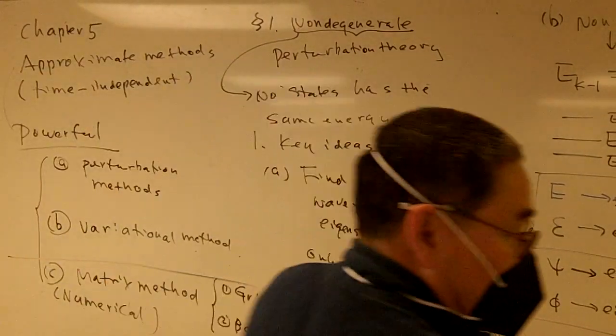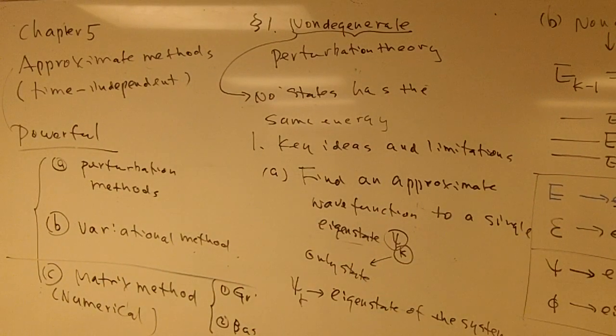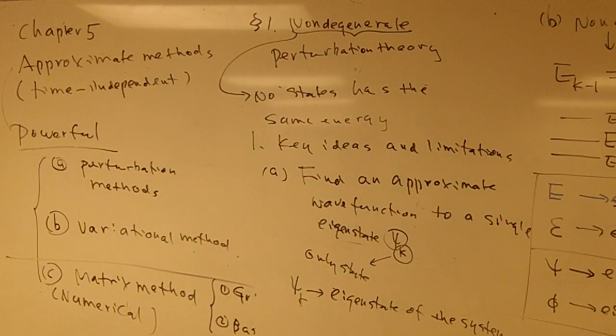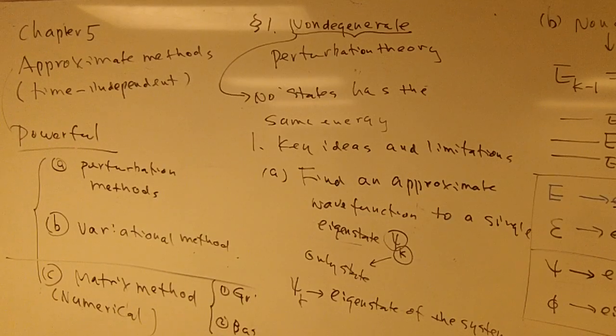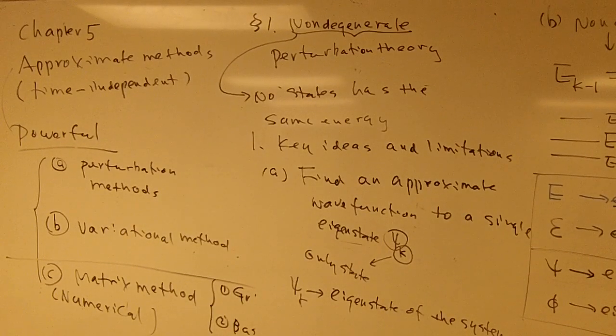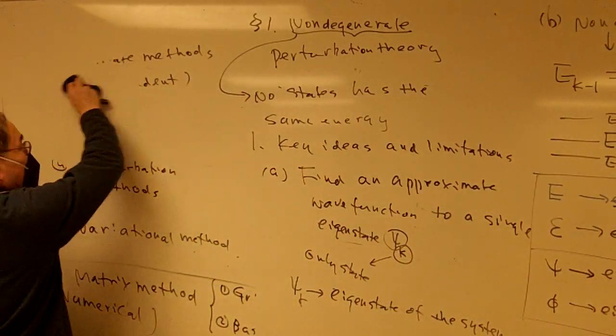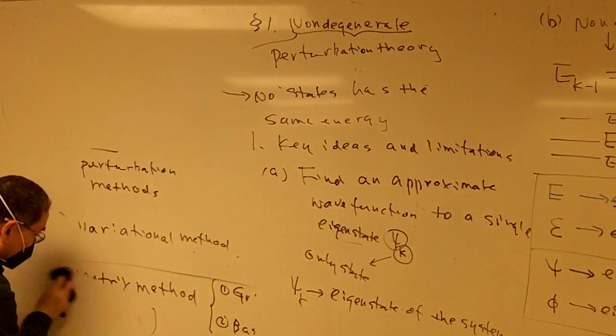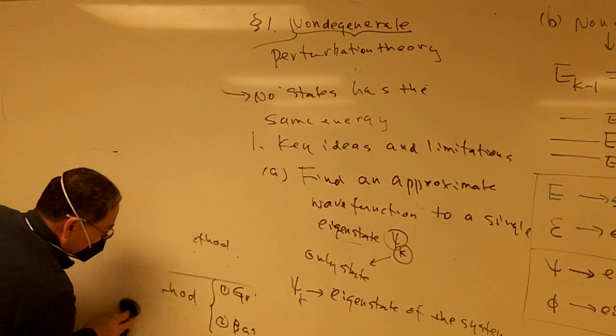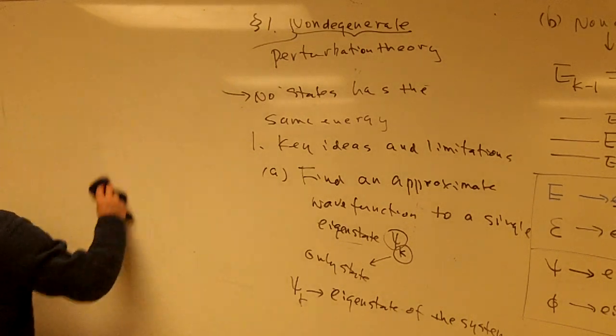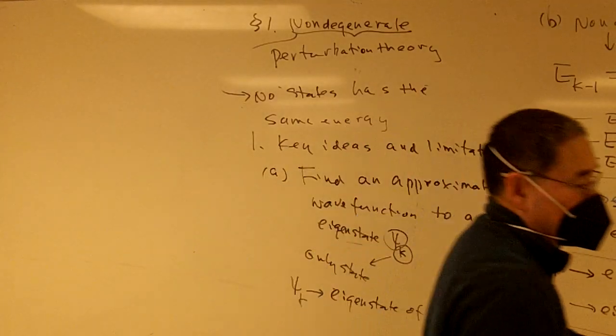Let me erase this part. This is quite important because I don't want to overlook this. And this particular equation is quite important. So here is one step which is quite important.